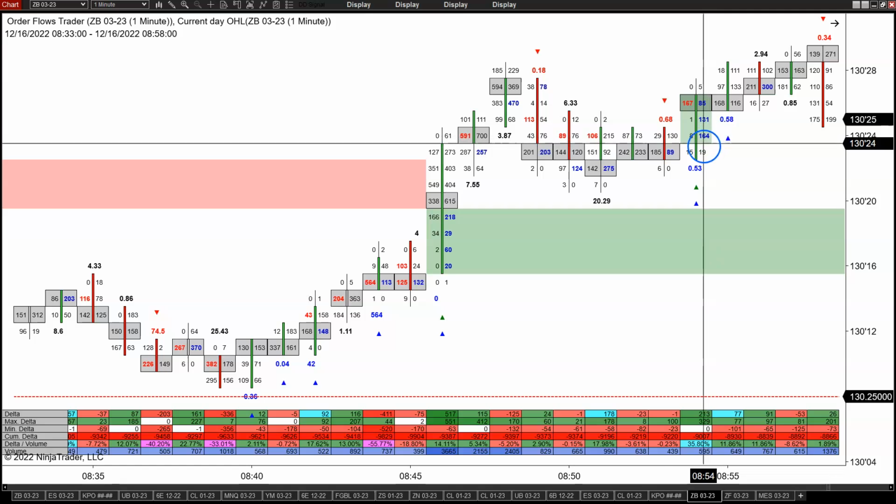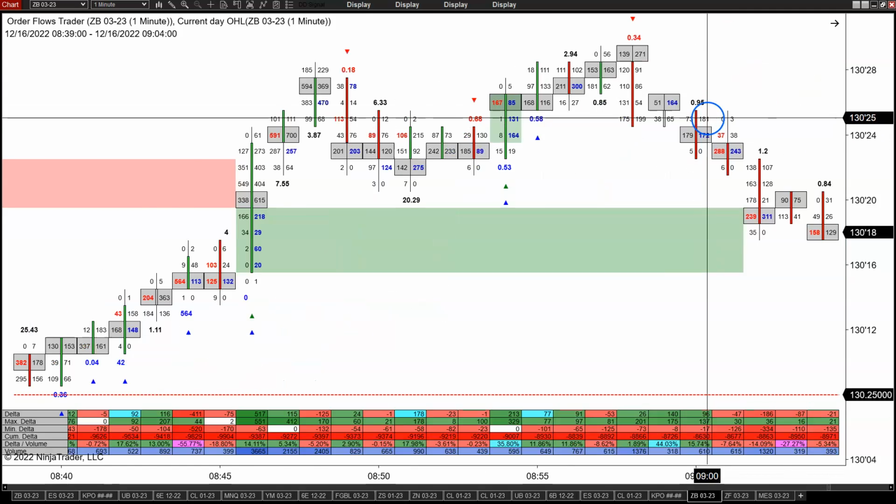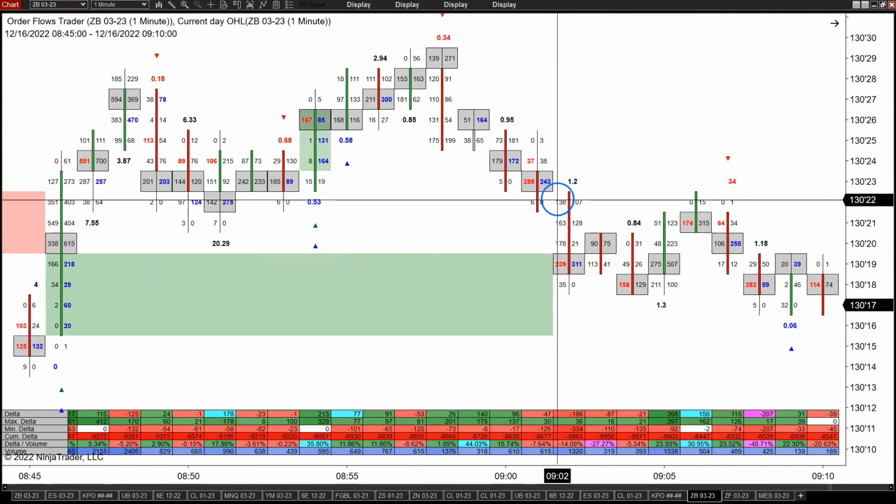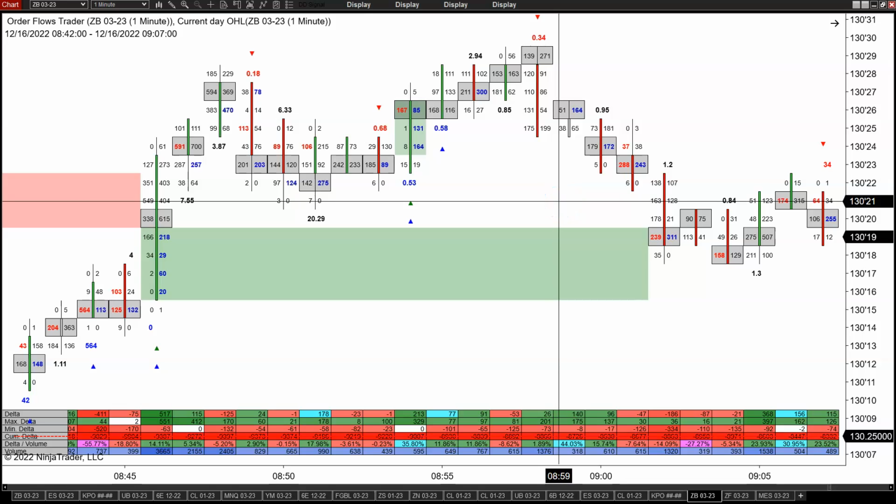Market kept going up, another stacked buying imbalance right here. And what's interesting is, when you have a stacked buying imbalance or a stacked selling imbalance, it's telling you that there was aggressive buying at those prices. And oftentimes the market can come back to that level.